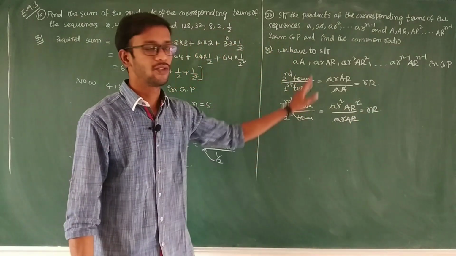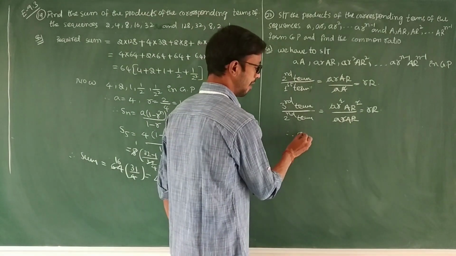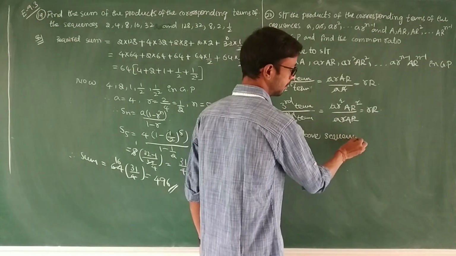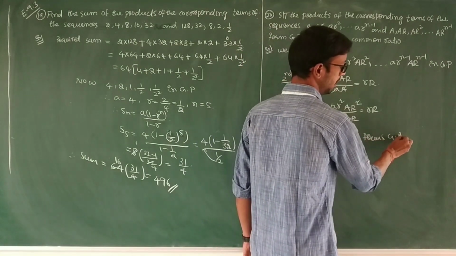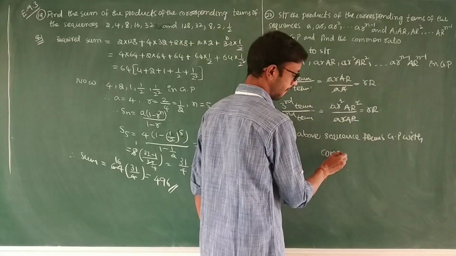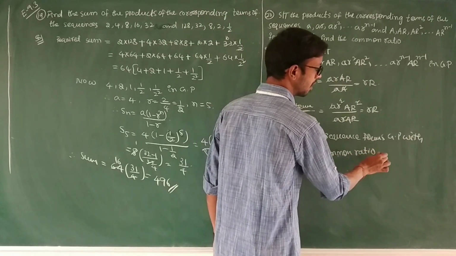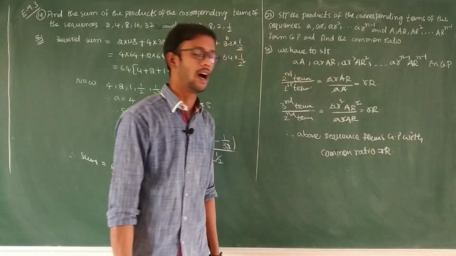See, the same ratio we are getting. Therefore, the above sequence forms a GP with common ratio. How much common ratio? r into capital R.